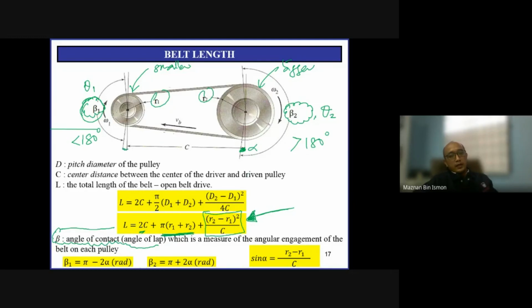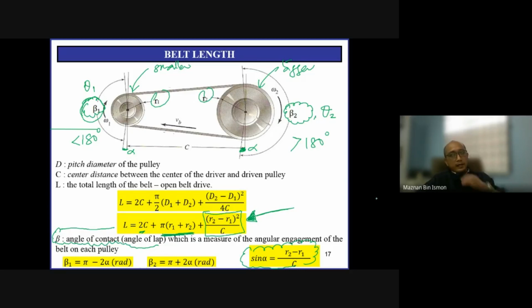This small angle actually is alpha. Same applies to the others. So the angle alpha, you can get from this formula. Okay, R2 minus R1 over the center to center distance of the pulleys.